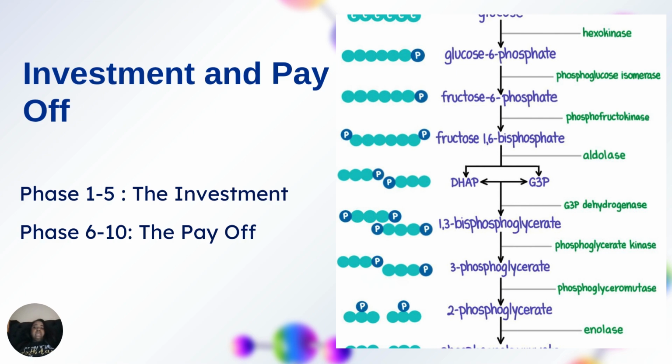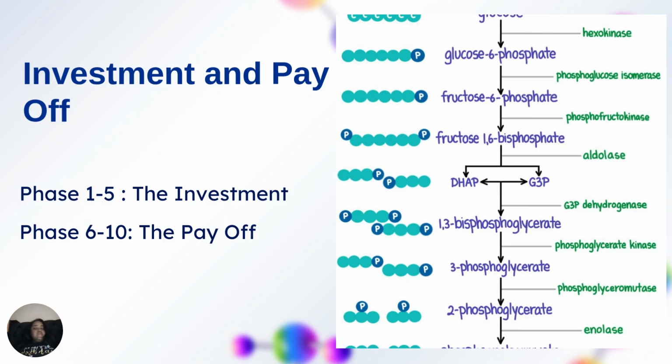The second is phosphoglucose isomerase. This happens when G6P is converted into fructose 6-phosphate, which is also known as F6P. This matters because it rearranges the molecule for the next phosphorylation. The third step in the investment process is phosphofructokinase 1.